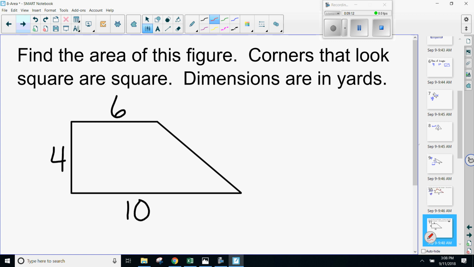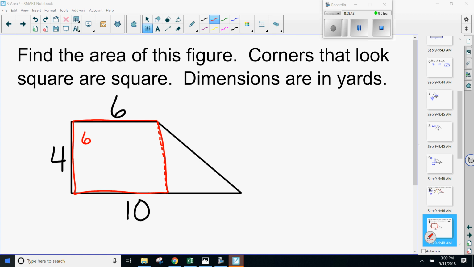Okay. The next one. How do you find the area of this figure? I have 2 questions for you. The first question is, who would split that into 2 smaller figures? Maybe I should say, who would not split that into 2 smaller figures? Can you get to this? Yes, you can, by sketching this right here. Then you're going to have this rectangle whose dimensions are 6 by 4.